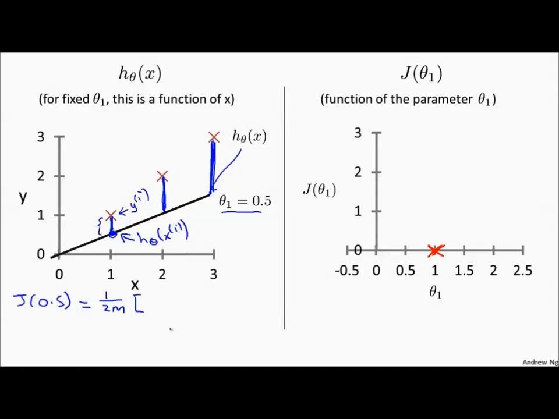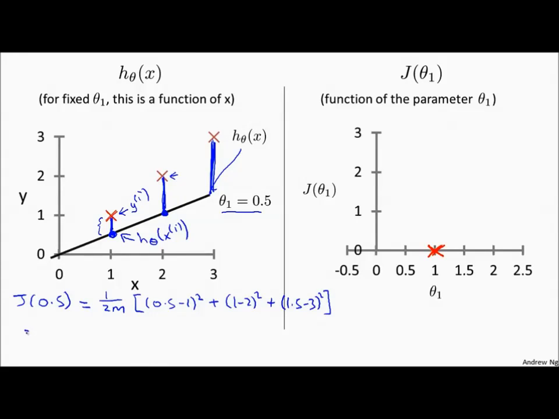So for the first example, this is going to be 0.5 minus 1 squared, because my hypothesis predicted 0.5, whereas the actual value was 1. For my second example, I get 1 minus 2 squared, because my hypothesis predicted 1, but the actual housing price was 2. And then finally, plus 1.5 minus 3 squared.